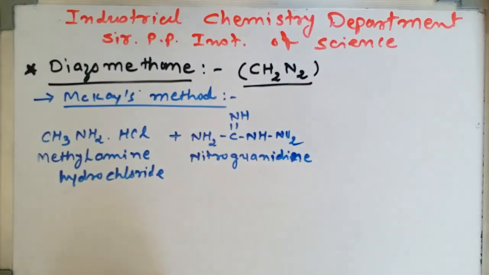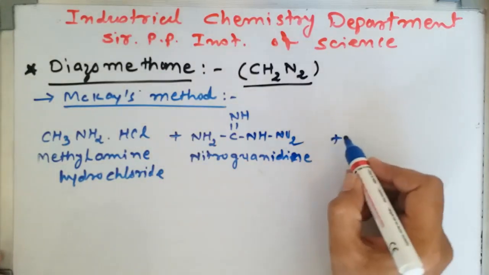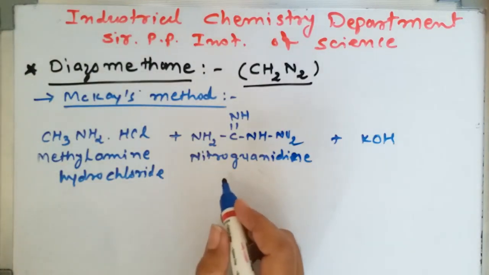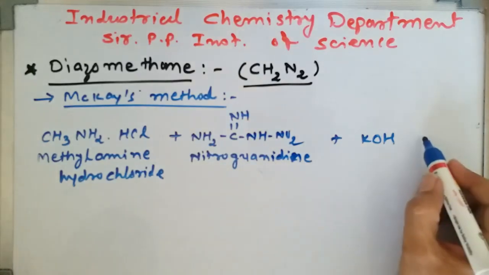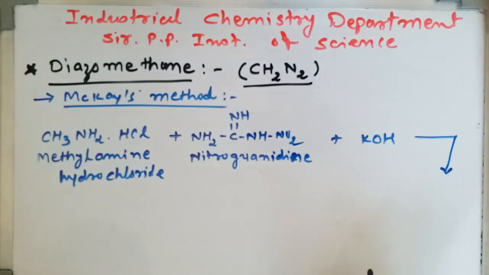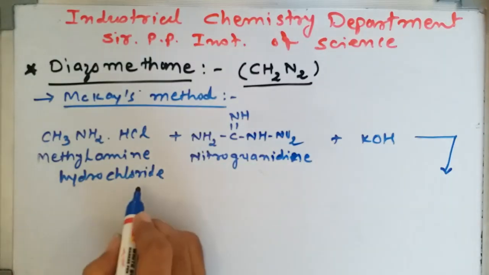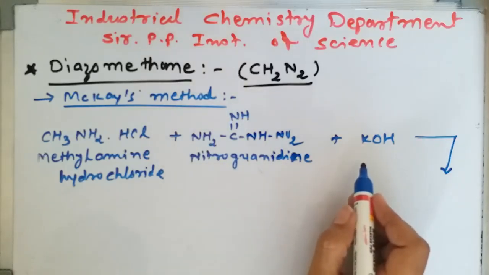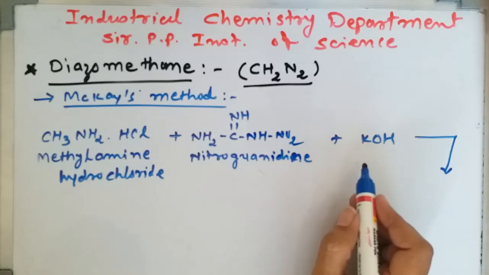Methylamine hydrochloride and nitroguanidine are allowed to react with potassium hydroxide solution.